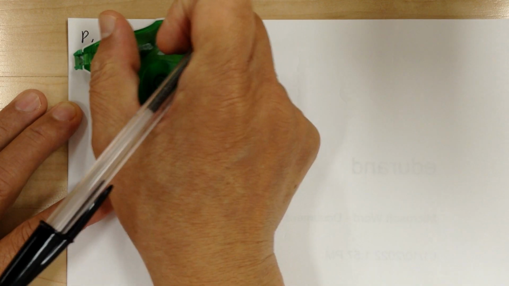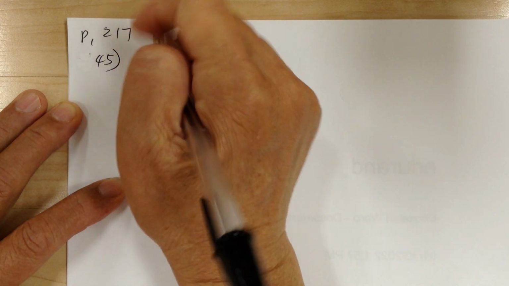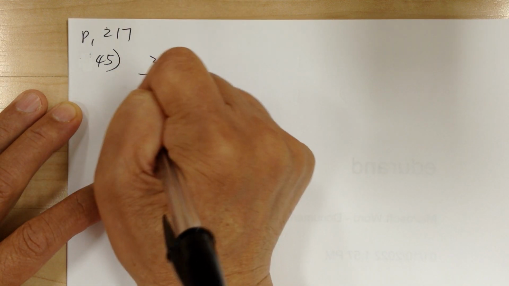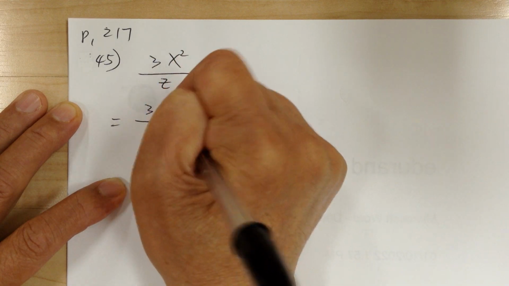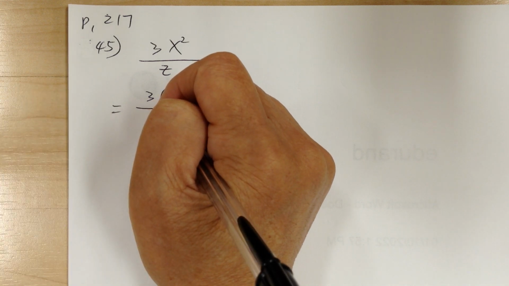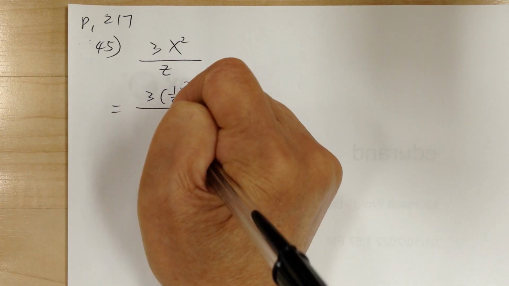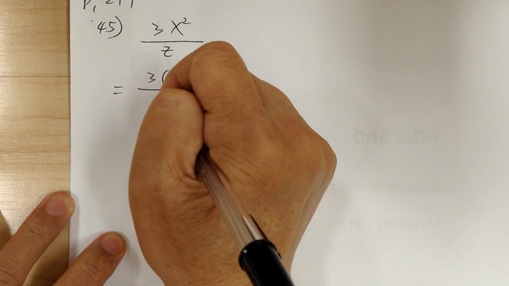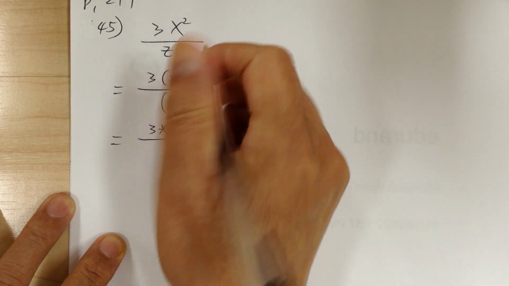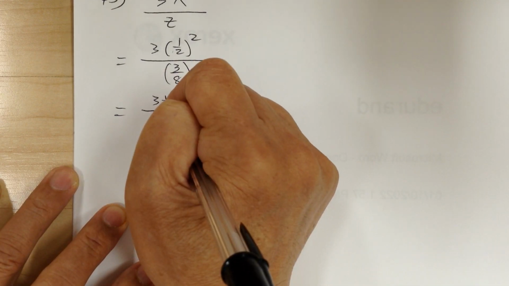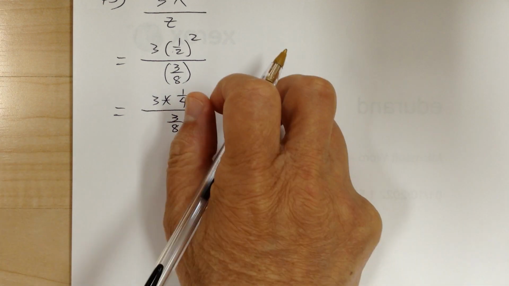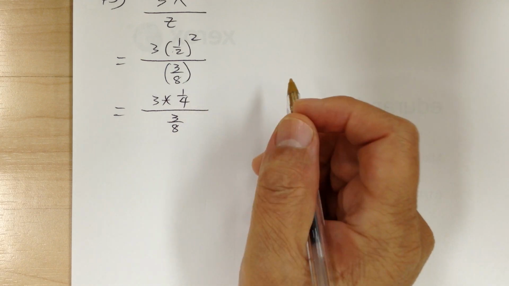Okay, number 45. You got 3x squared over z. So x equal to 1/2, and z equal to 3/8. First let's do this part. So it'll be 3 times, when you square that, you get 1/4, over 3/8.